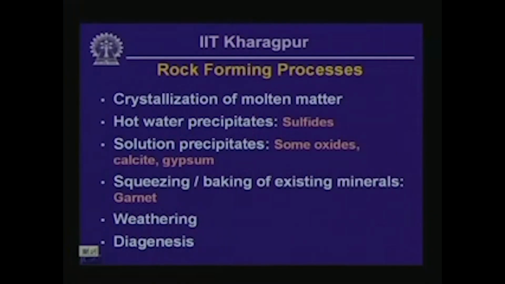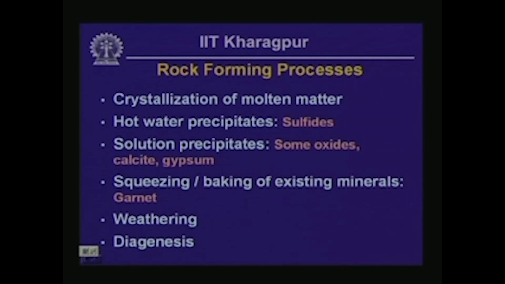This partially molten material starts solidifying in a sequential manner, and that gives rise to a class of rock called volcanic rock.